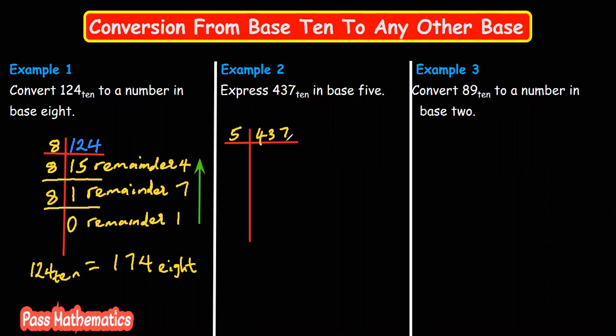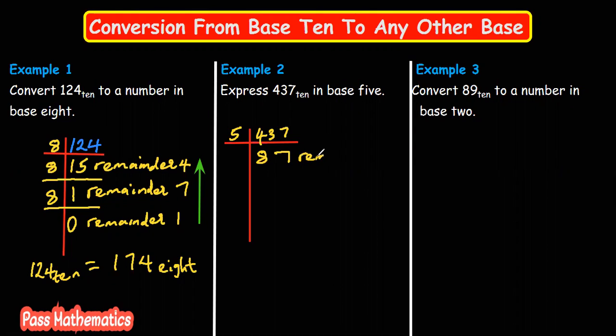So we divide this by 5 successively. Let's pick 43. 5 into 43 is 8 times, remainder 3. If you put 3 here, it becomes 37. And then 5 into 37, how many times? 7 times, remainder what? 2.